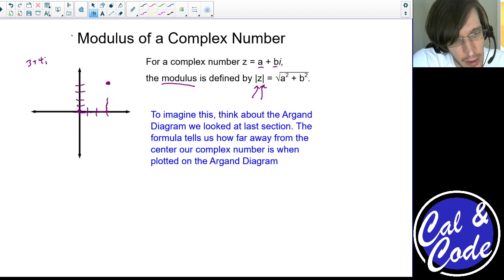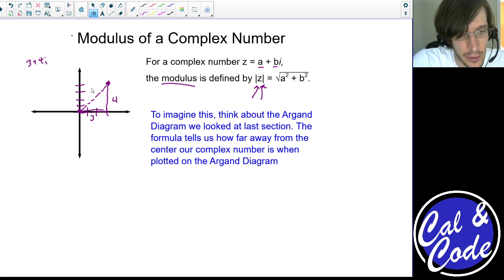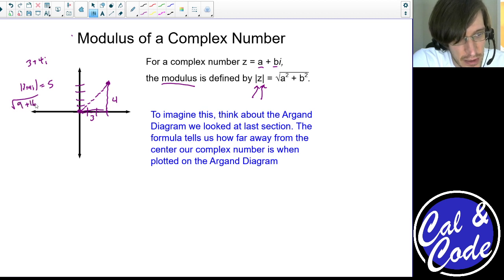Over 3, up 4, and we can find the hypotenuse by squaring the a, squaring the b, adding them together, and square rooting. The modulus of 3 plus 4i is 5, because it is equal to the square root of 3 squared, which is 9, plus 4 squared, which is 16, and that is equal to 5. So that's where we get the modulus from.